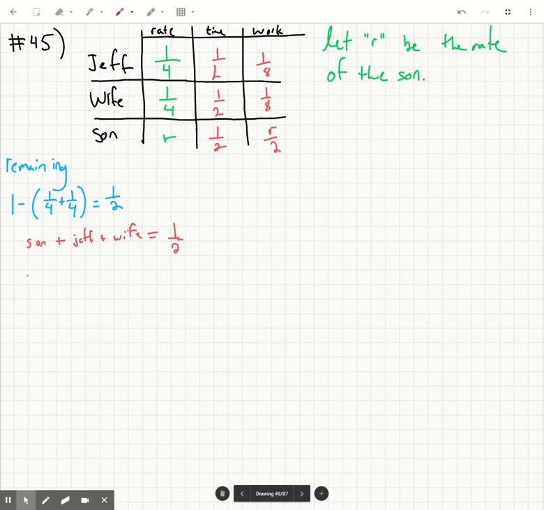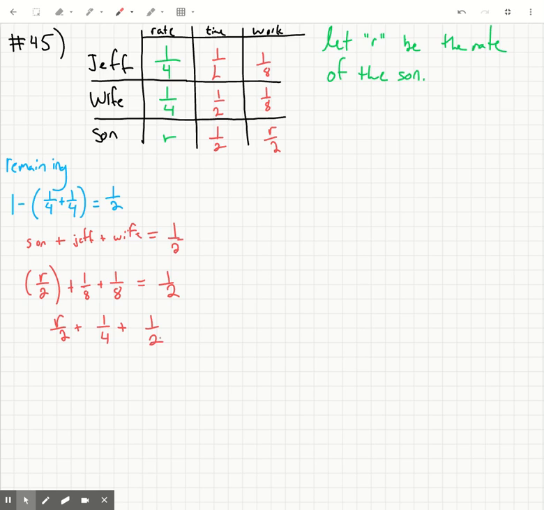So we've got to add those up. R over 2 plus an eighth plus another eighth is equal to a half. I can combine those, so that's a quarter, which makes things a little bit more simple.